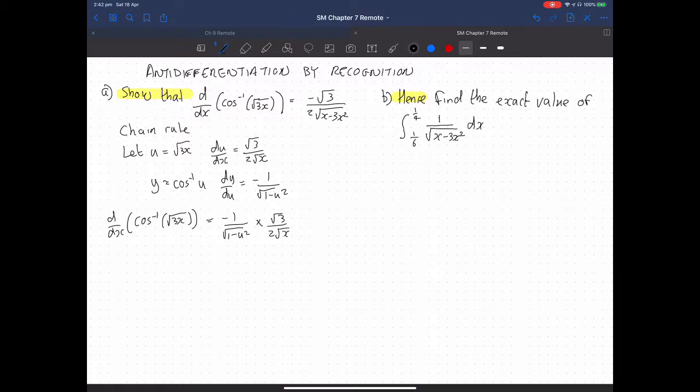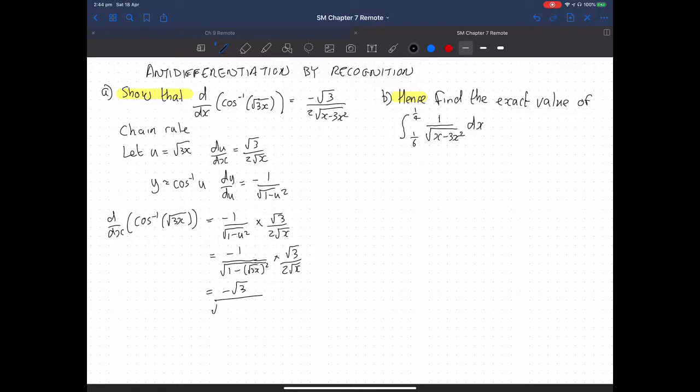Now, we know that u was equal to the square root of 3x, so we just need to tidy this up. -1 on the square root of 1 minus u squared. u is the square root of 3x, and we're squaring that, times the square root of 3 on 2 root x. This means our top line will become minus the square root of 3.